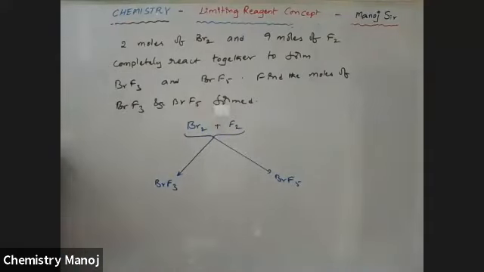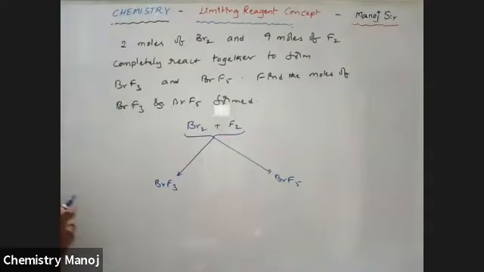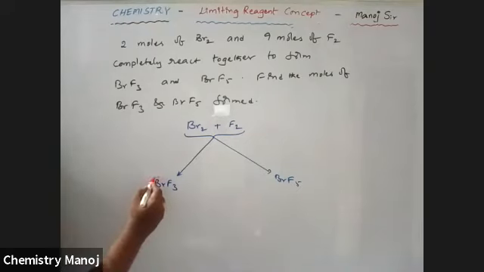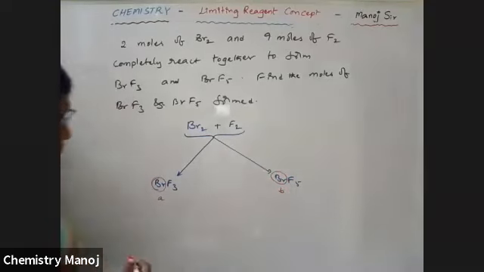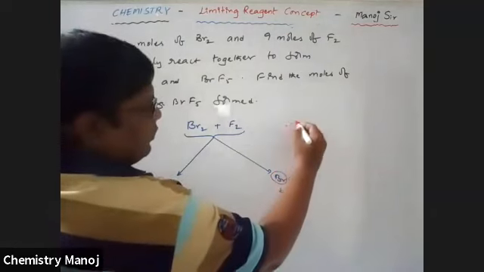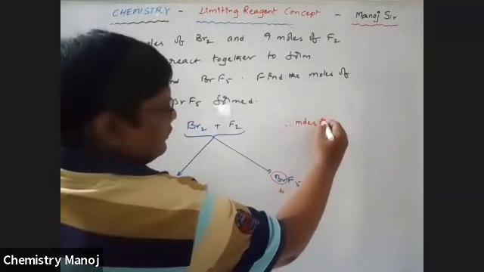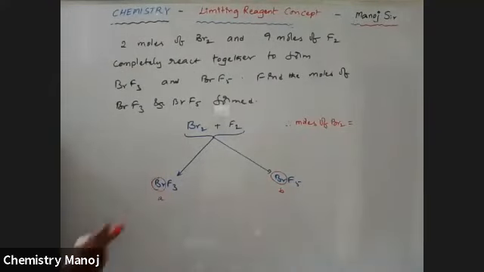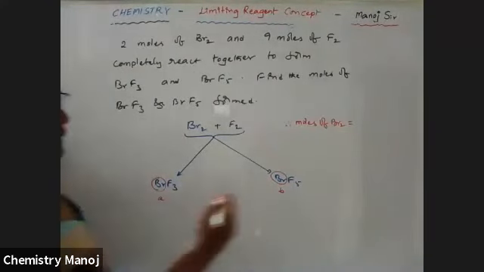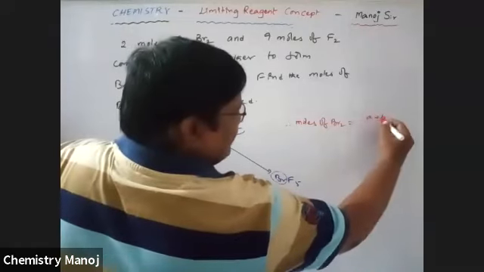In BrF3, let the moles of bromine be A. We don't know the moles. In BrF5, the moles is B. Therefore, moles of Br2 is equal to, here only Br is taken, A plus B by 2.